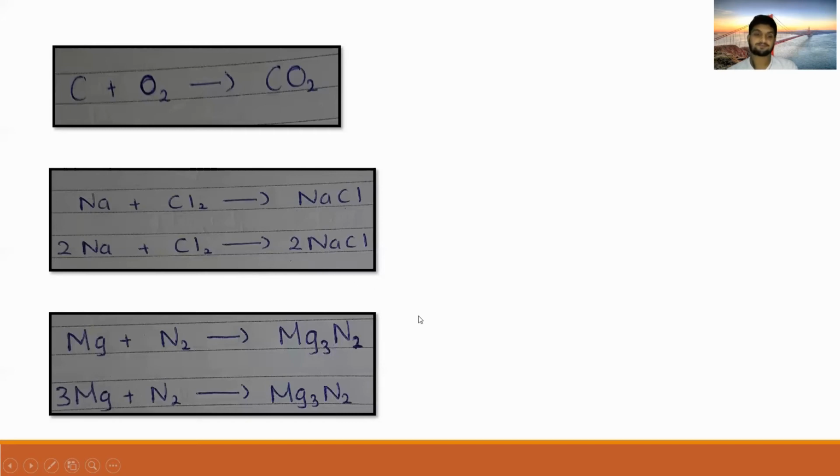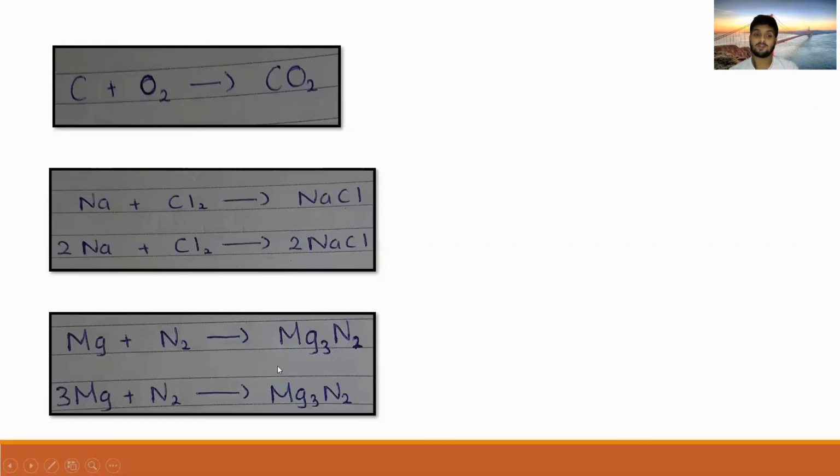All right. You can see the next example where we are reacting magnesium and nitrogen. We are getting magnesium nitride. Here we can see, if you try to balance, this is not a balanced reaction. Why? Because on the reactant side you have one magnesium, here you have three magnesium, but nitrogen is balanced because you have two nitrogens.